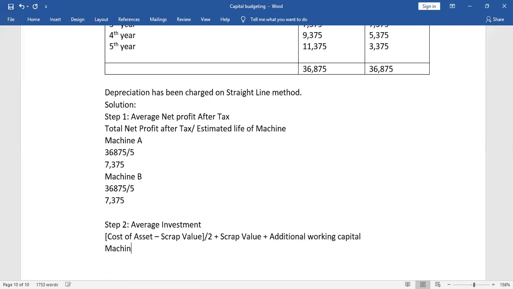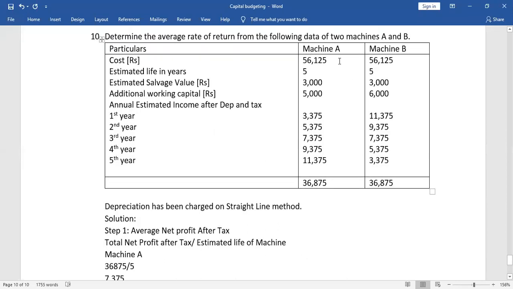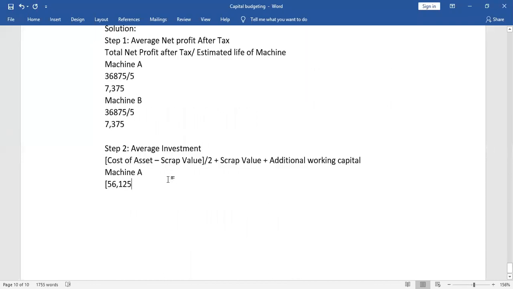Now we will find out for machine A. So the cost of the asset for machine A is how much? 56,125. Am I correct? Cost of the asset is 56,125. Scrap value is 3,000 and it is the same for both machines.